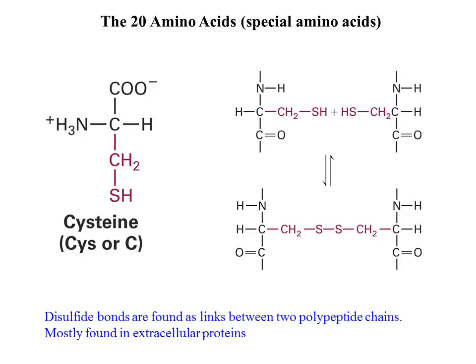Two cysteines together make a cystine. Okay? That's the disulfide bridge here. So otherwise it's a cysteine. Cysteine is the only amino acid that can engage in a disulfide bridge with another cysteine to make a cystine, and hence forces the peptide to bend.